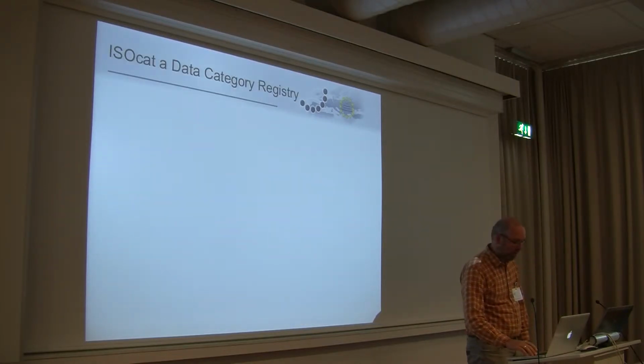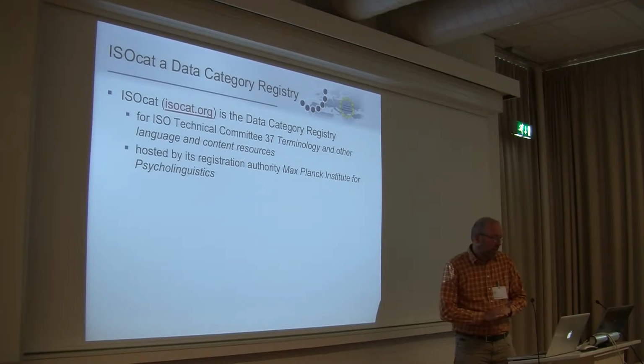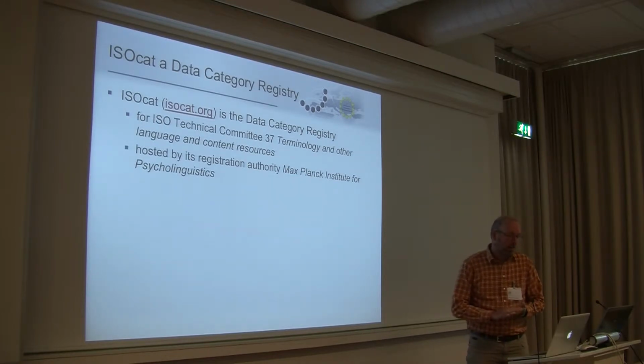So ISOcat is a data category registry, or a concept registry. This specific instance is the data category registry for an ISO technical committee, number 37, that works on terminology and other language and content resources.